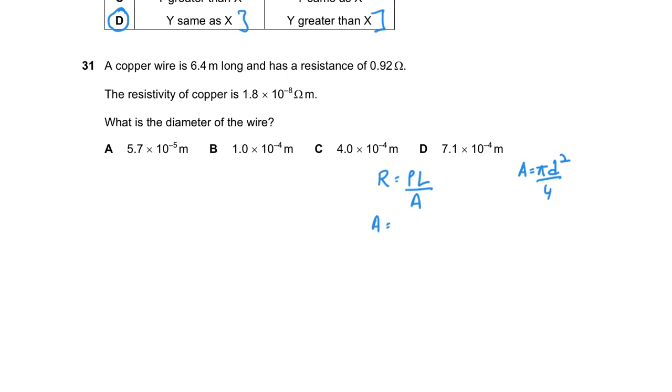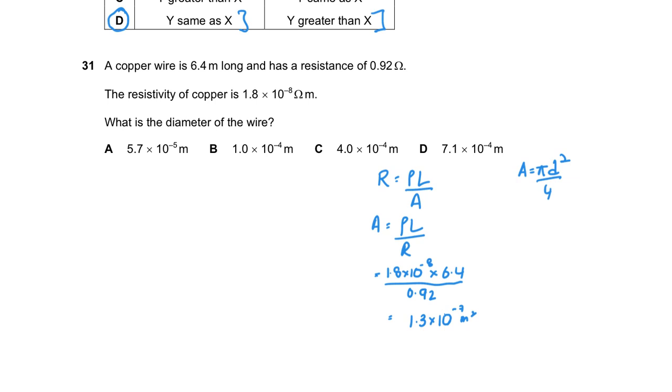Area is equal to rho L upon R. The resistivity is 1.8 into 10 raised to the power minus 8. The length is 6.4 and the resistance is 0.92, and hence the area comes out to be 1.3 into 10 raised to the power minus 7 meter squared.